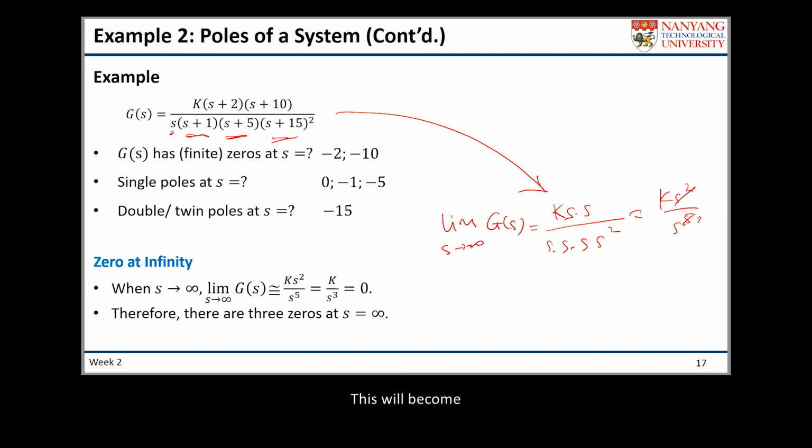This will become K over s cubed, but now s is infinite. Because s is infinite, K divided by an infinite value is 0. So this shows you that when s is equal to infinity, your G(s) will become 0. So in this case, an infinite value is also a zero of your G(s).